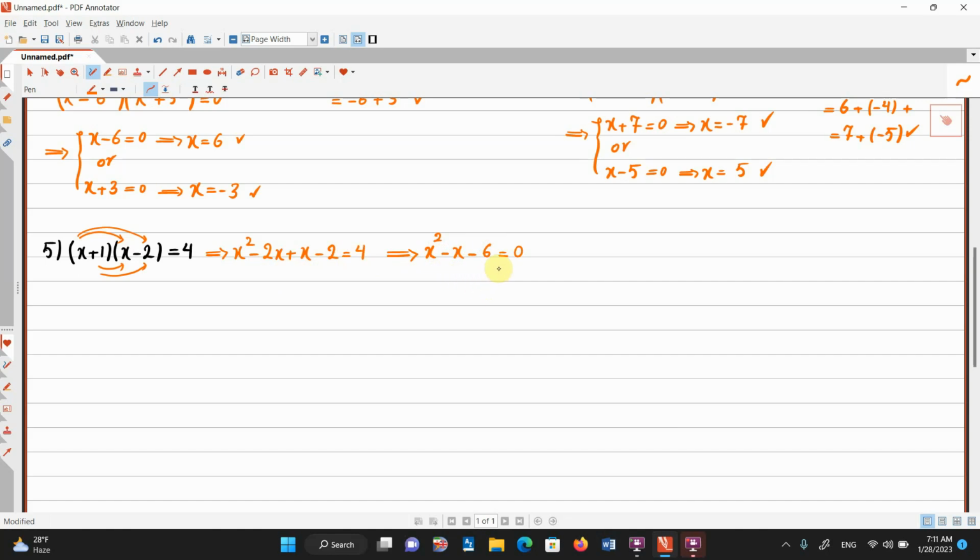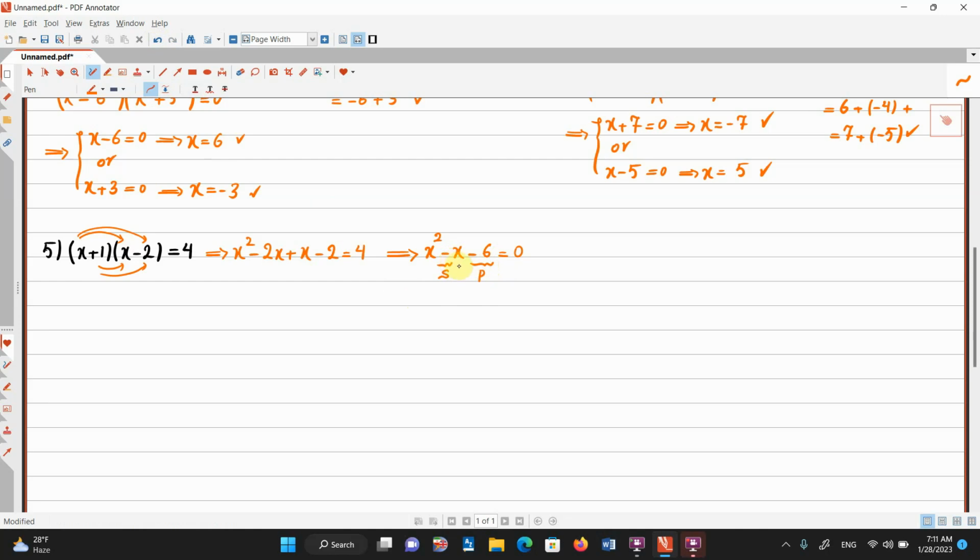In this quadratic equation, this term stands for product, and this negative, which is in fact -1, stands for sum. Okay, as you see here, product is negative. Then the two numbers we should look for will have different signs, and their sum is negative.